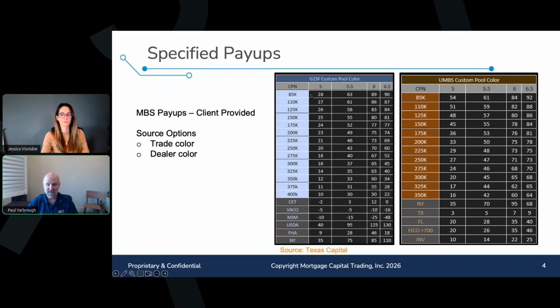That loan is not only eligible for all of these pay-ups that you see in the blue column, because it's the number here, 85 or lower, meaning that $84,000 loan could be eligible for this 12-tick pay-up in the 350s. But it's in New York, so I've also got this 35-tick pay up to consider here.